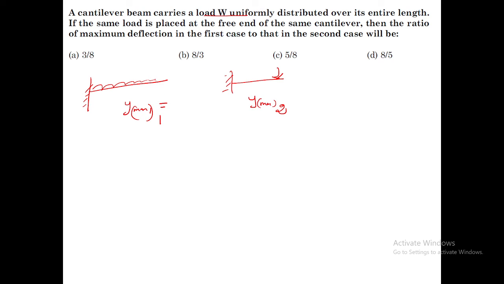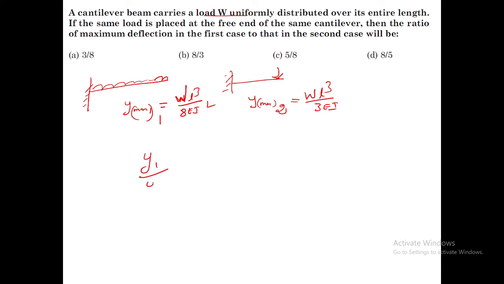The maximum deflection for the cantilever beam with uniformly distributed load is W L cubed by 8 EI. For the cantilever with load at the free end, the maximum deflection is W L cubed by 3 EI.